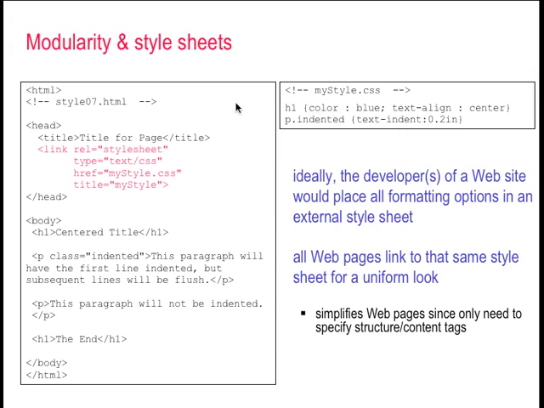You would do similar syntax to bring in a .js file for JavaScript or another file, in the header section, creating a link that's relative to a particular definition. When we're calling it a style sheet, the type is text/css.